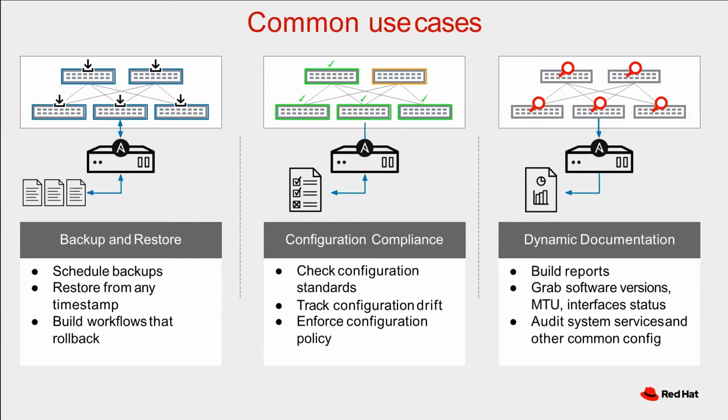What automation allows us to do is reliably do these common use case functions without having to dedicate an expensive human resource to it. We can have the automation take care of a lot of these keep the lights on activities, so we can free up our valuable employees.